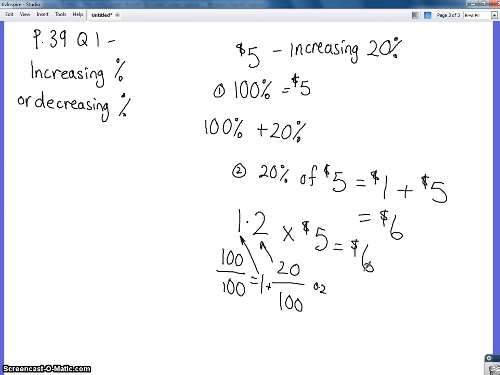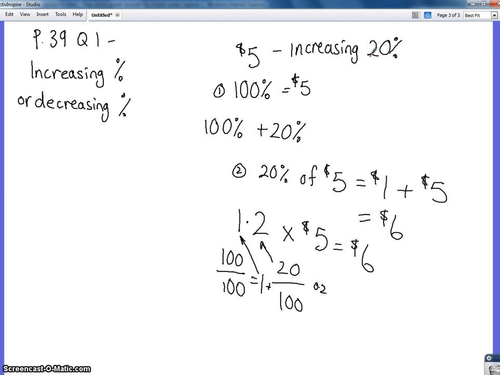When we're talking about increasing, it is the percentage, so on this occasion 20 divided by 100 plus the 1. So if we're increasing by 40%, what is our multiplier? It's 1.4. If we're increasing by 50%, 1.5.